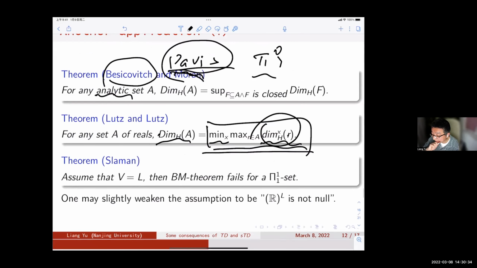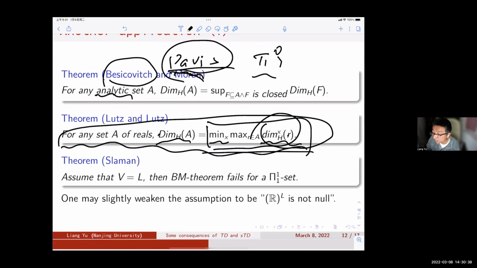By using this theorem, Slaman proved that if V equals L, then Besicovitch and Davies' theorem fails for lightface Pi^1_1 sets.